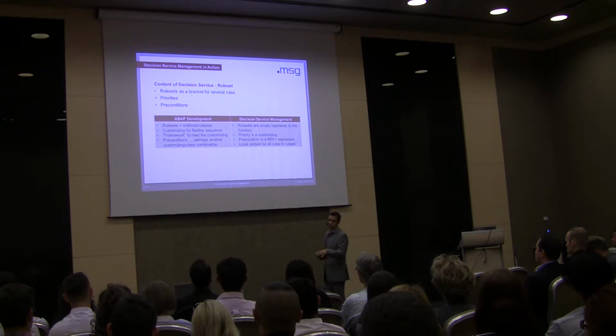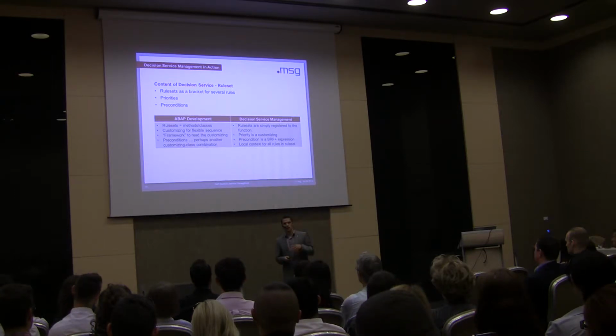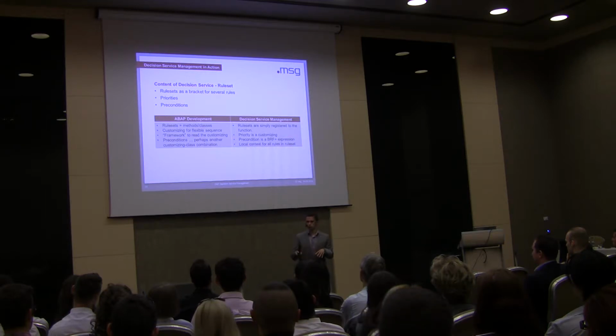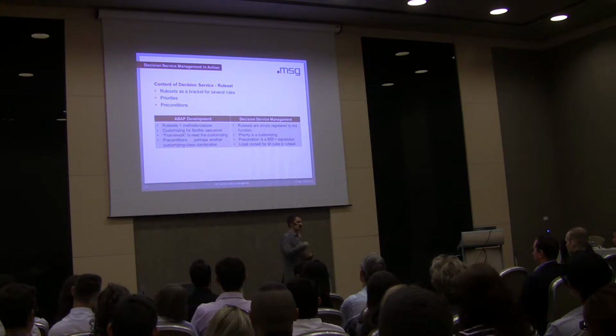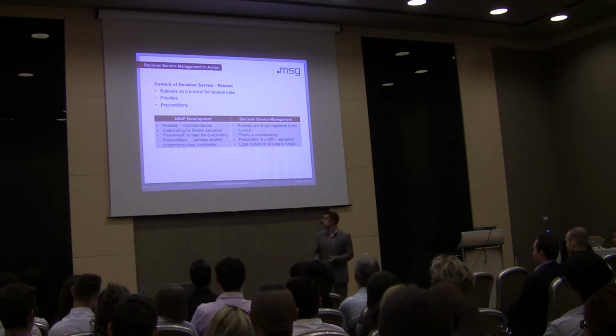Because if you deliver something, and MSG also, as Horia said, develops SAP standard software for SAP value-added resellers. So we are SAP somehow, from that point of view of that software. So we need to think about how a customer can hook in and make his own decisions.